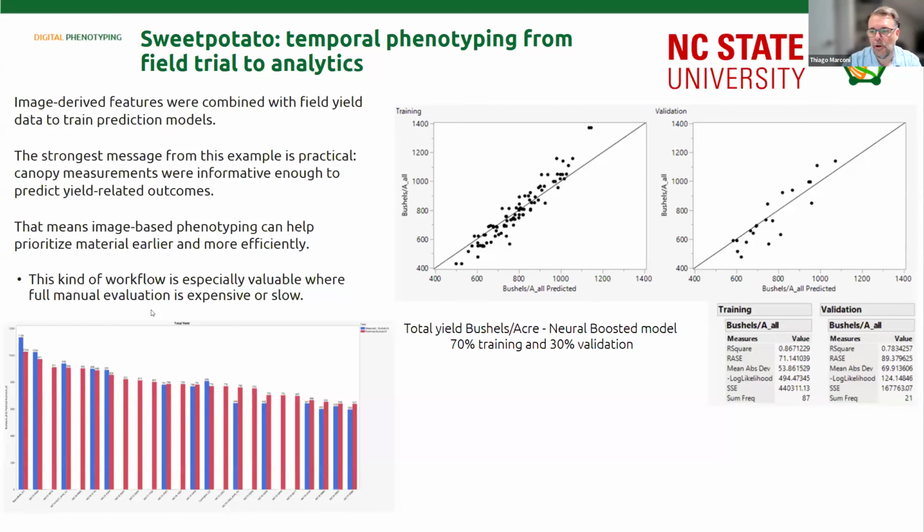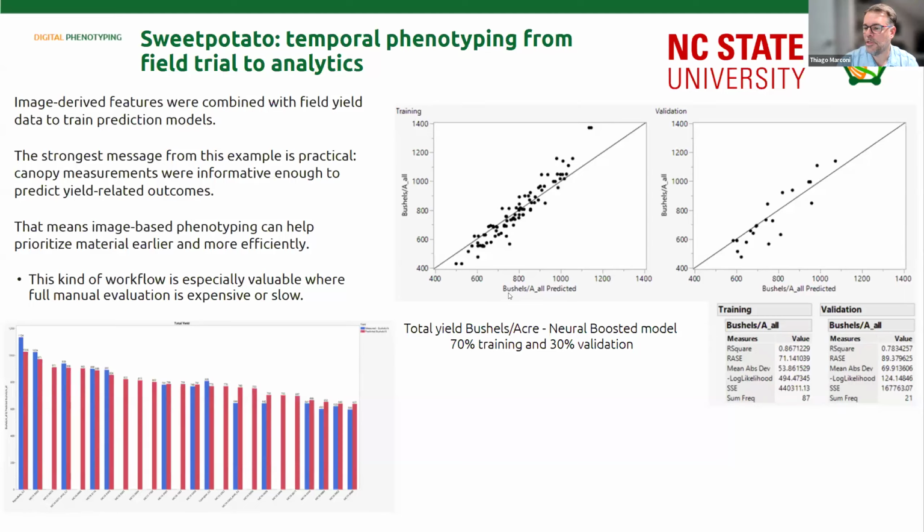Okay, so it was provided to me on this graph here on the bottom. You can see the blue bars represent the data that was provided from the field, where they actually went there and weighed the sweet potatoes out in the field. And the red bars are after we did the modeling.